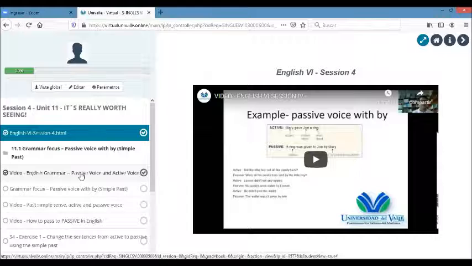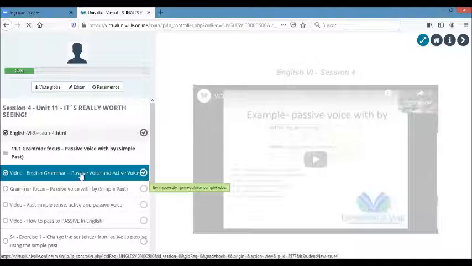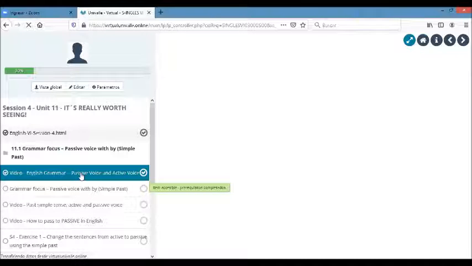So in here you have three different ways to express sentences in passive voice. We have, number one, passive voice and active voice using simple past. There are three videos for you to watch on YouTube, and this is going to help you a lot to clarify your doubts, your questions, and it's going to be a little bit easier for you to understand how to make sentences or how to change the passive voice into the active voice using by with simple past.